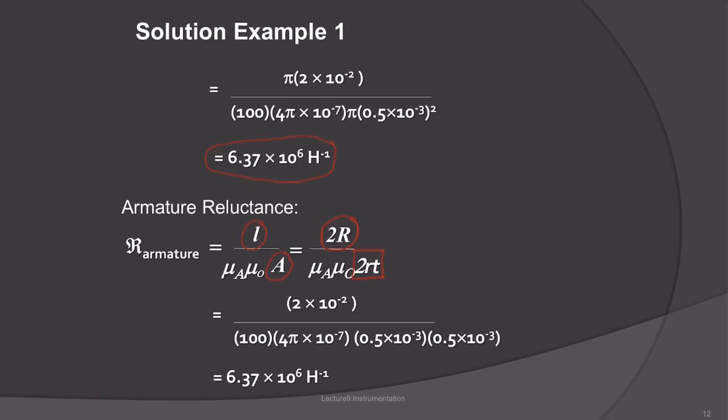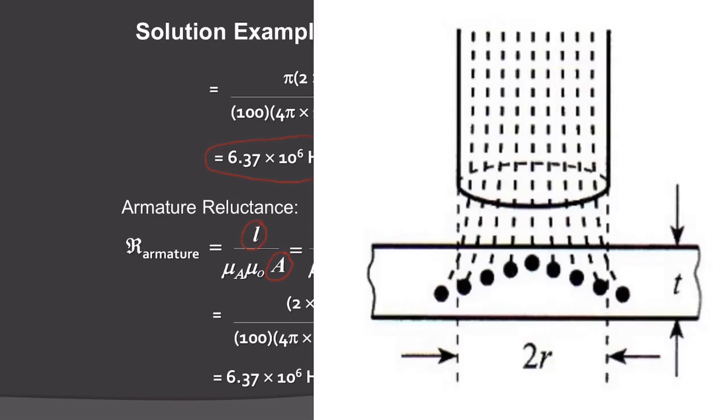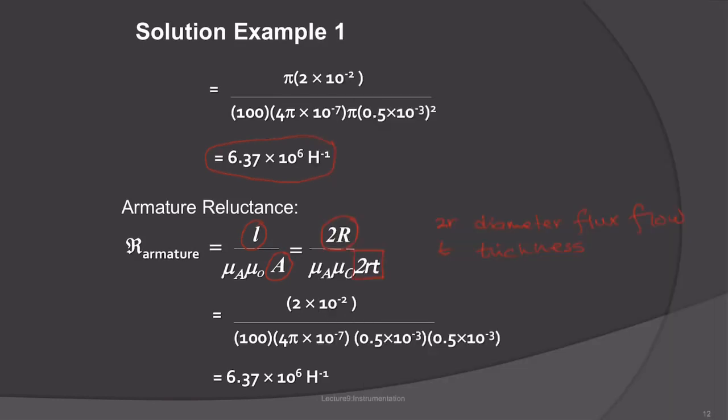Why 2RT? 2R is the diameter of the flux flow, while T is the thickness of the armature plate. Again, mu and mu naught depend on the material used as the armature. After calculating, we will get the value of reluctance in armature is 6.37 mega per Henry.